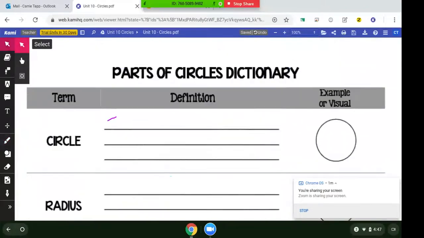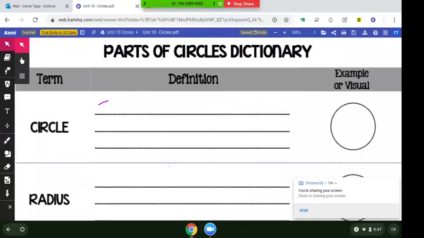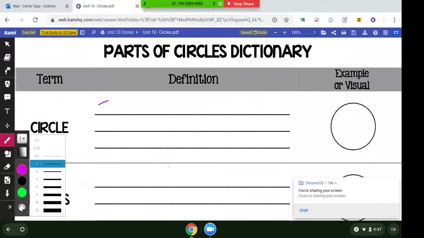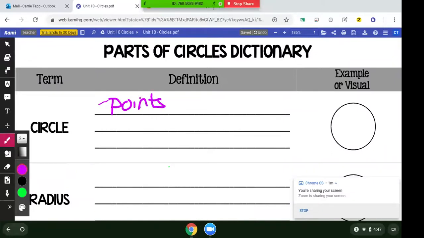So the first one would look like: a circle is points equidistant from the center.